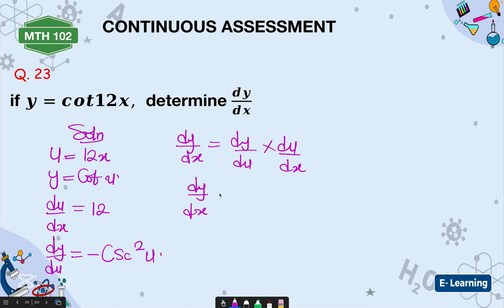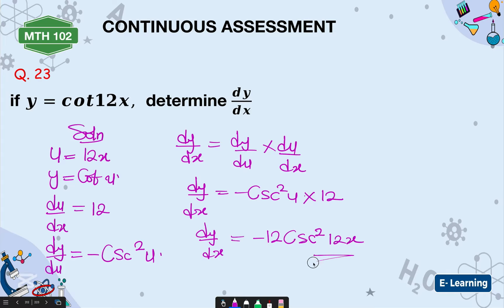So dy over dx will be, dy over du is what? Minus cosec square u times du, which is 12. So dy dx will be minus 12 cosec square u, and u is what? 12x. And that is the correct answer to that question. All right.